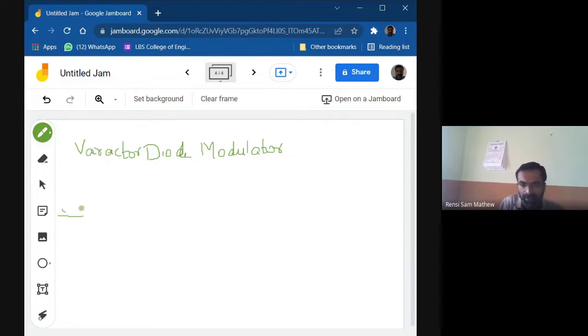We have a capacitor. This is an inductor basically. This is a diode, a varactor diode. It's a special type of diode. So this is the varactor diode.